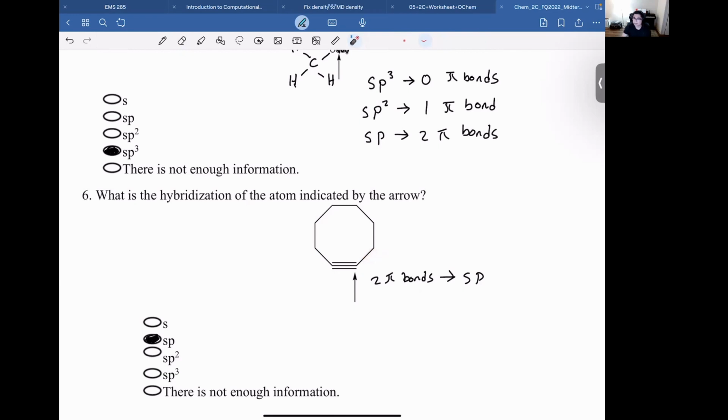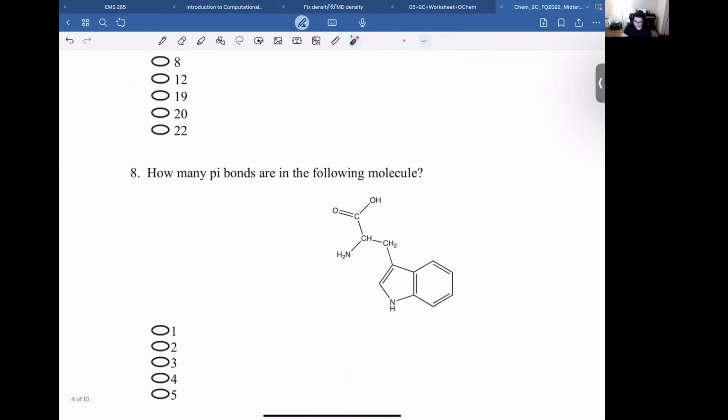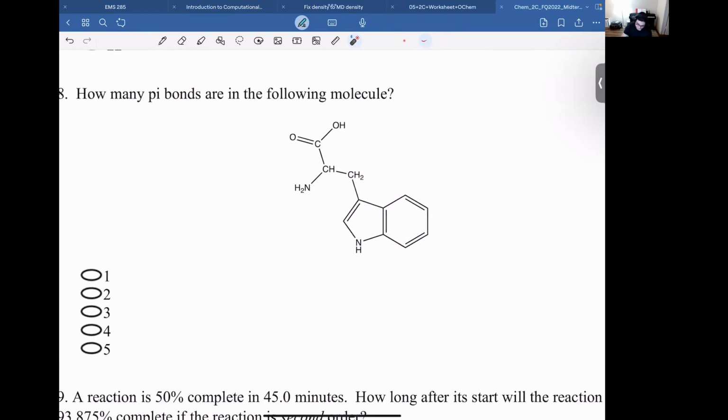Someone asked if I can do number 8 and 10. So going on to number 8, it says, how many pi bonds are in the following molecule? Looking here, pi bonds are the second or third bond that gets made between 2 atoms. There's a carbon that's double bonded to an oxygen.